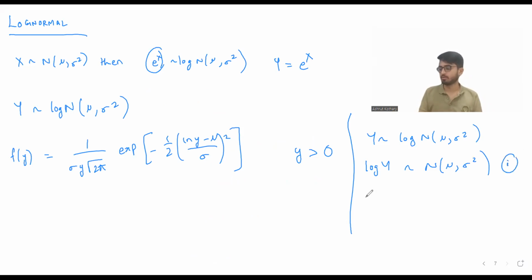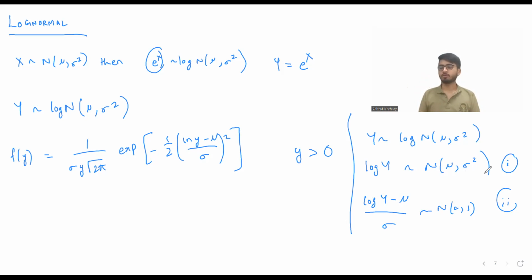Second, from here, log y minus mu by sigma will follow standard normal. We did that: if a particular random variable follows normal mu comma sigma square, then that random variable minus mu whole divided by sigma follows standard normal distribution. So this is the first result, converting from a log normal to a normal, and this is standardizing it.